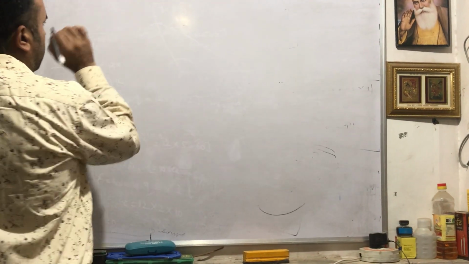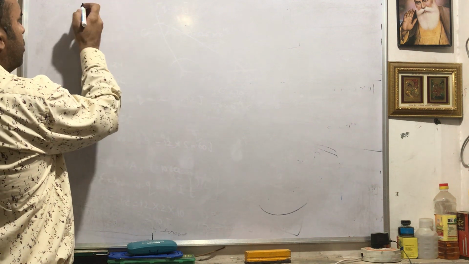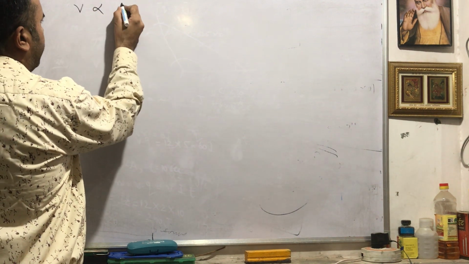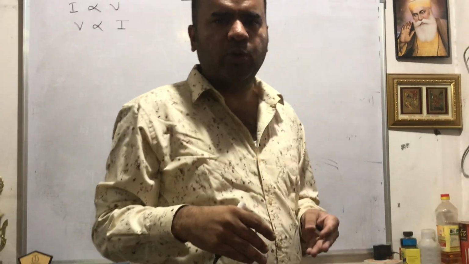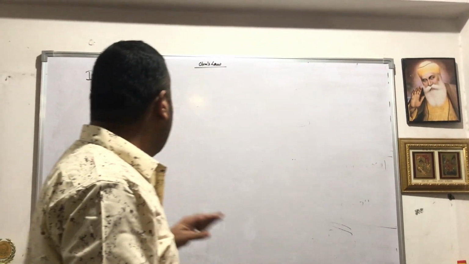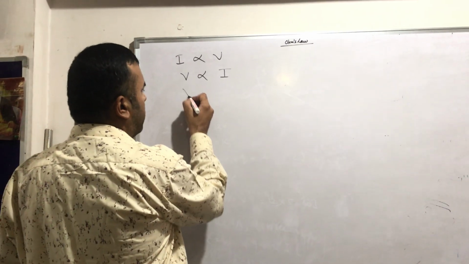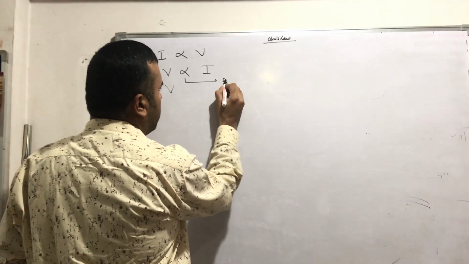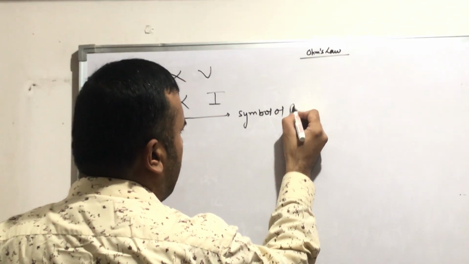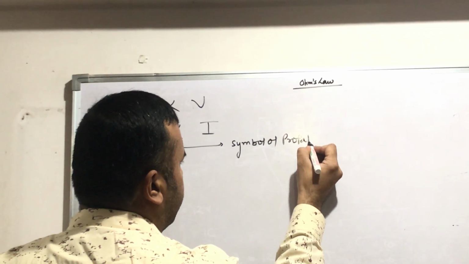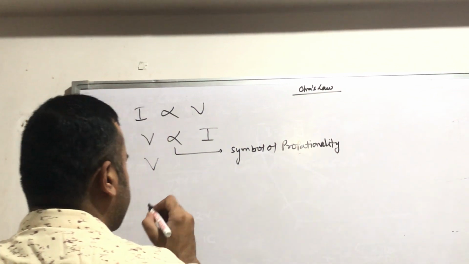So the statement says that current is directly proportional to potential difference. It also means that if I am proportional to you, then you will also be proportional to me, right? Similarly, if I is directly proportional to V, then V is also directly proportional to I. Now, according to the rules of physics, this is called the symbol of proportionality.